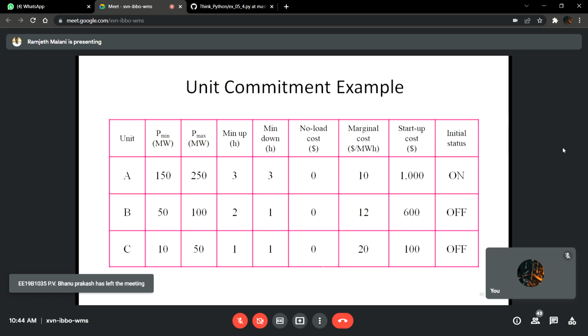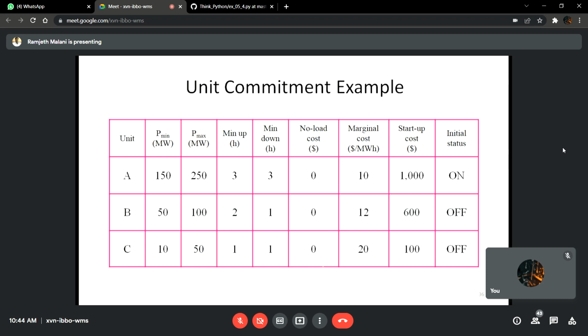So now we are going to look into another example. We have these three generators and we will be having 3 hours.